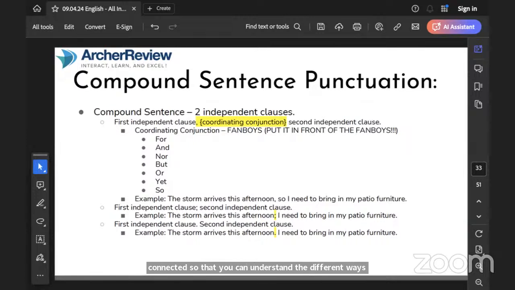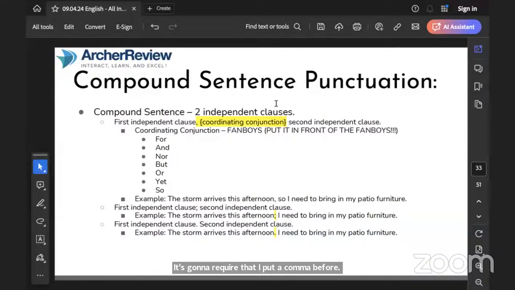So for example, if I have the first independent clause, and then I have what we call a coordinating conjunction, and that's going to be one of your fanboys, followed by a second independent clause, it's going to require that I put a comma before the coordinating conjunction.